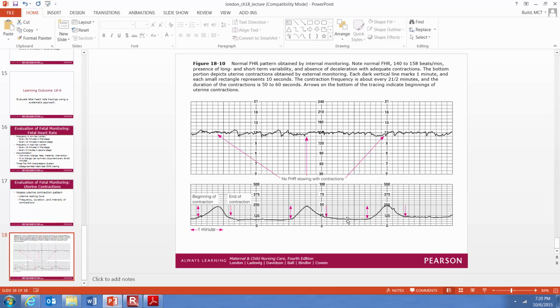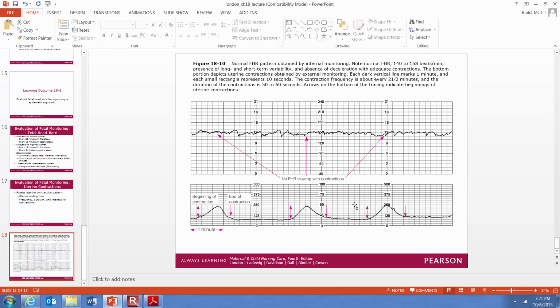Okay, so now that we've kind of reviewed how you read these strips, let's just review how you count contractions. So when you count a contraction, you count from the beginning of a contraction to the beginning of a contraction. This will determine your frequency. So these vertical dark lines that you see running across here, that's 1 minute worth of time.